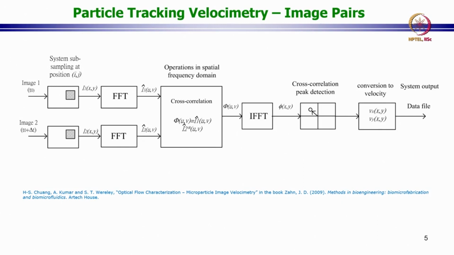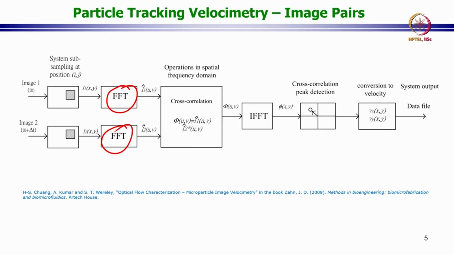So when you are implementing PIV codes which should be able to run in real time, or at least not take too much time for the evaluation, you have to switch to what is known as the fast Fourier transforms, FFTs, where the images are taken and then converted into the Fourier space.